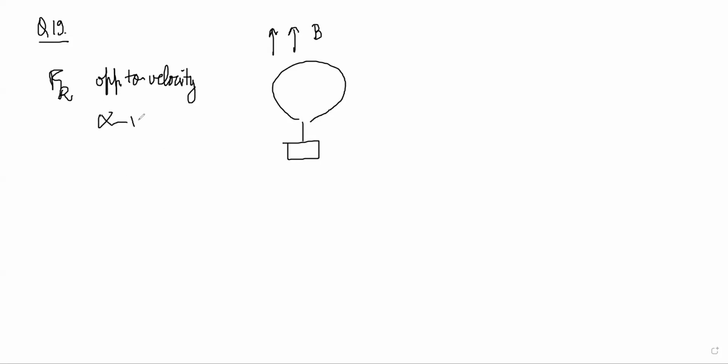So there is a balloon. Force of buoyancy is always acting upwards, B, and is constant. And force of air resistance, let's call it Fr, is going to be opposite to the velocity and is also proportional to the velocity. Right?